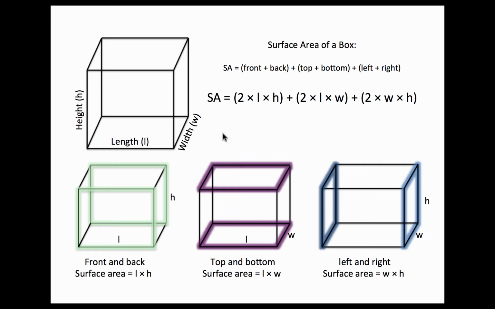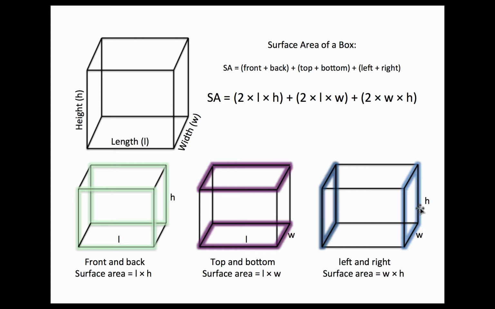The surfaces come in pairs when it comes to the dimensions. The front and the back area can be found by multiplying the length and the height. The top and bottom surface areas can be found by multiplying the length and the width.